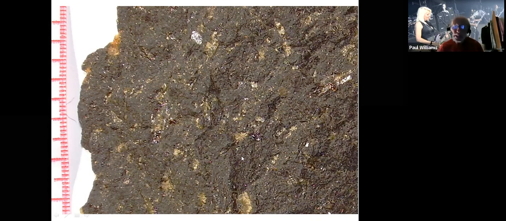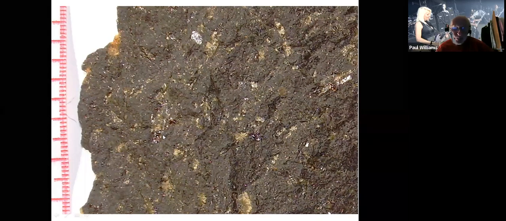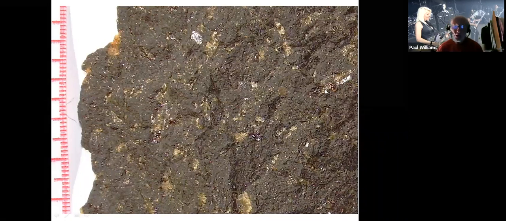That gives its name to one of the common names for this type of rock, which is a porphyry. That's one of the names that you could give this sort of rock. But this is mainly a basaltic lava with phenocrysts of plagioclase feldspar in there. So those are feldspars, plagioclase feldspars.